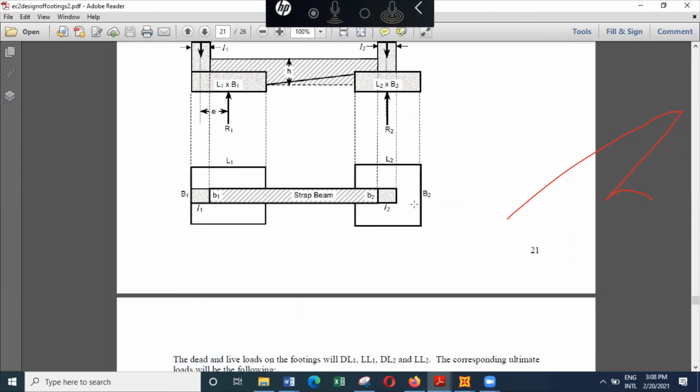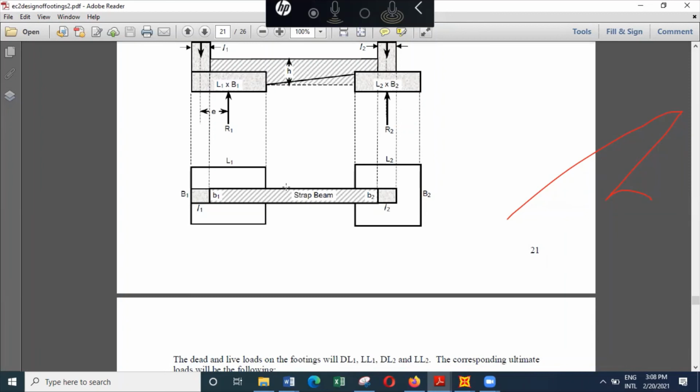And in addition to that, you can check this for punching shear and direct shear. So if this is okay, the likelihood is this also may be okay, because the pressures are the same. So if this is okay with direct shear, this also will be okay with direct shear. Is that clear, Indranil? Yes, sir. Clear.